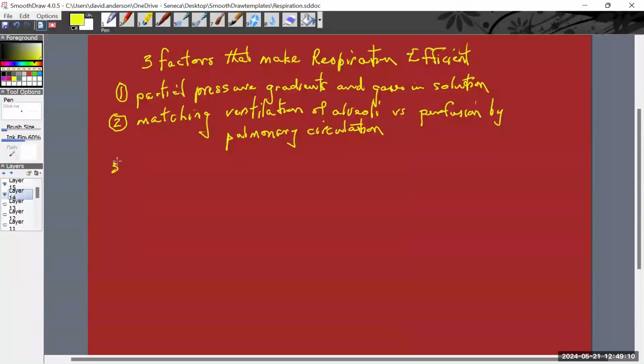And then the third factor that we've mentioned, but we're going to emphasize it here, are the structural characteristics of the respiratory membranes.